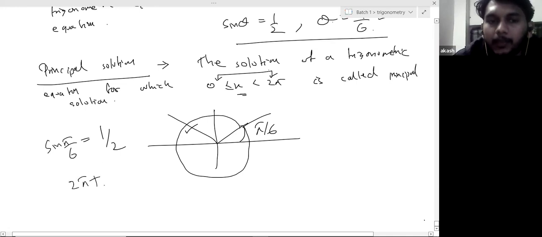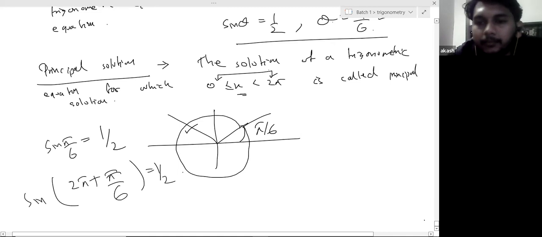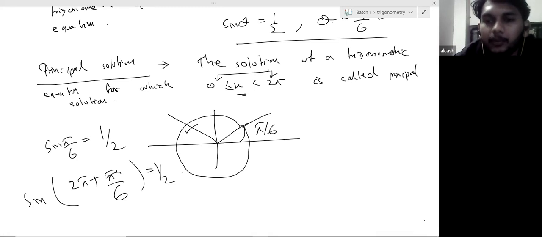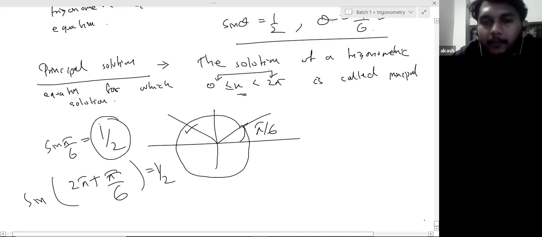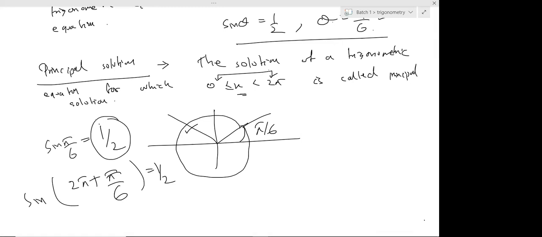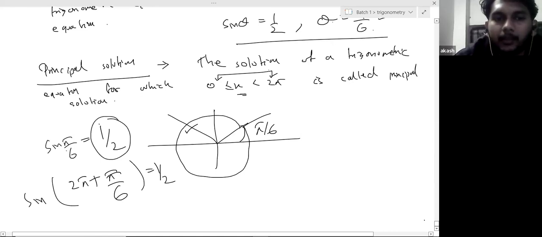So if you take 2 pi plus pi by 6, then also we'll get the value of sine as half. If you keep repeating this circle, we'll get infinite values where sine of some angle gives the value of half. Is this clear, everyone?